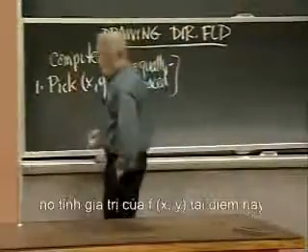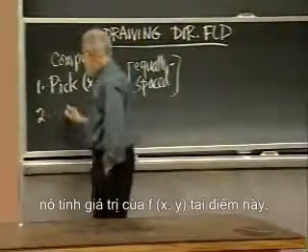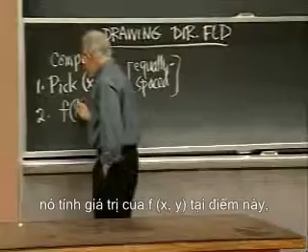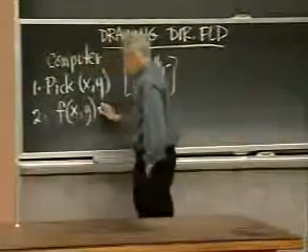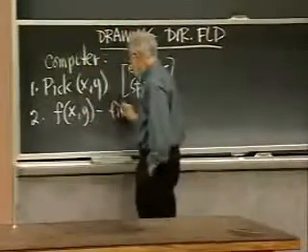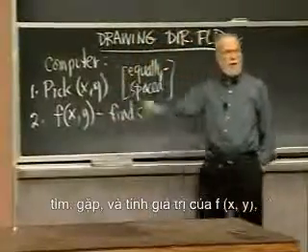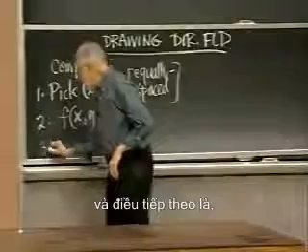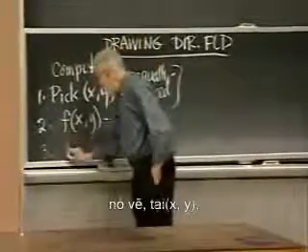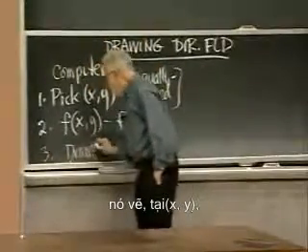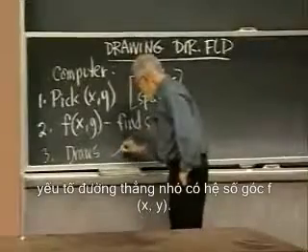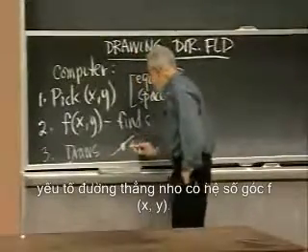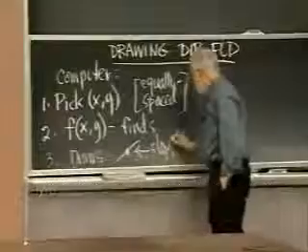And at each point, it computes f of x, y at the point, the value of that function. And the next thing is, on the screen, it draws at x, y the little line element having slope f of x, y.